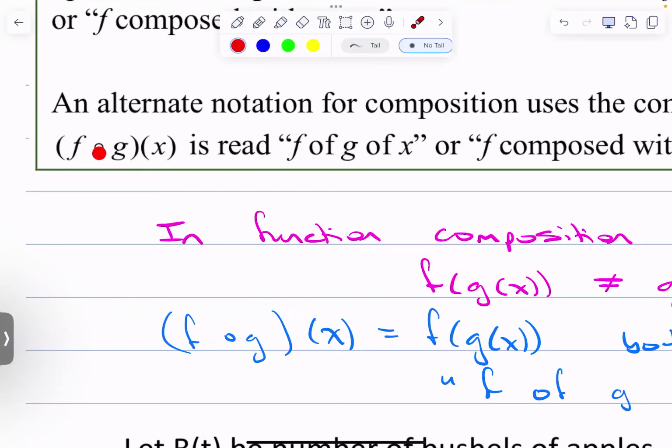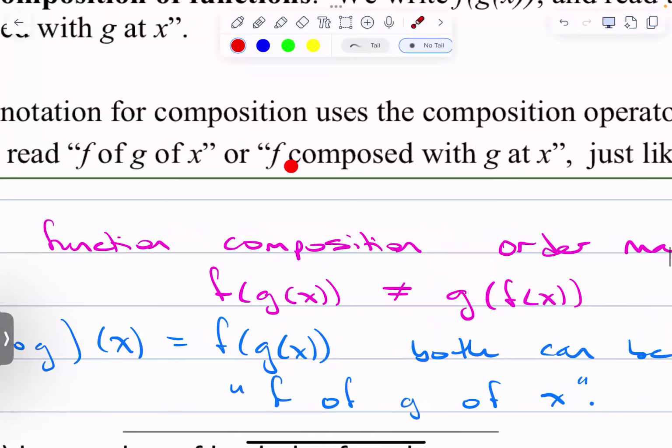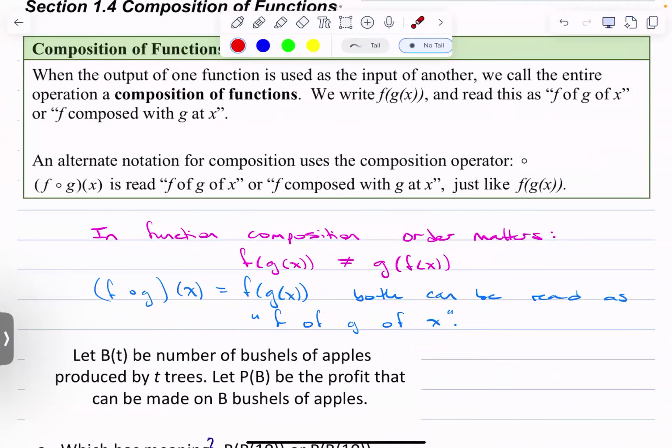And so then I tend to read this circle as of, and maybe that helps. But technically, it would be read as f composed with g at x. But like I said, I find that that's less leading in terms of what you want to be doing. And so we need to be able to read it.